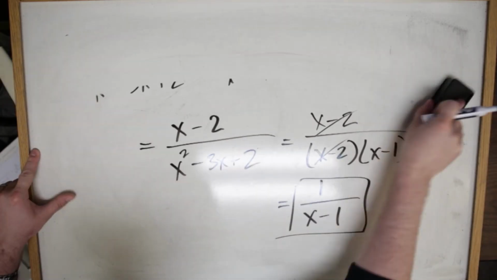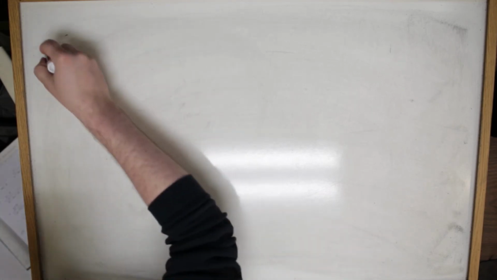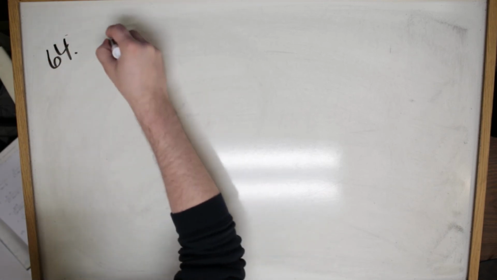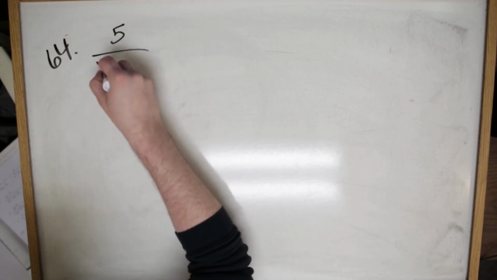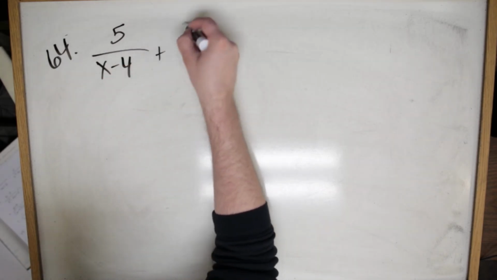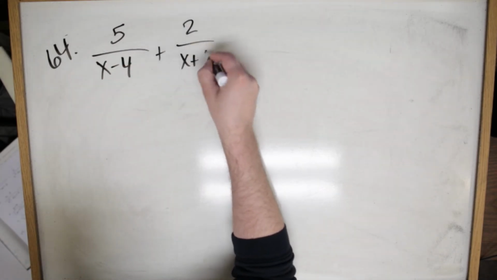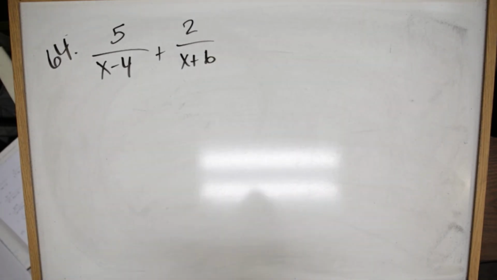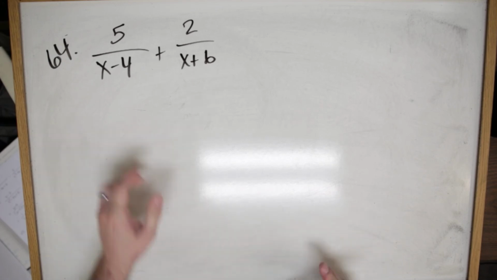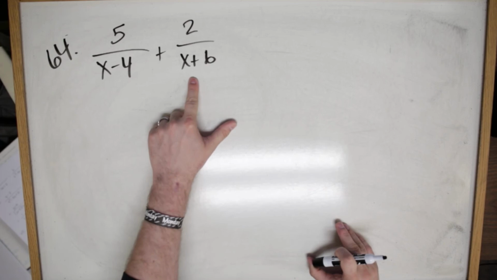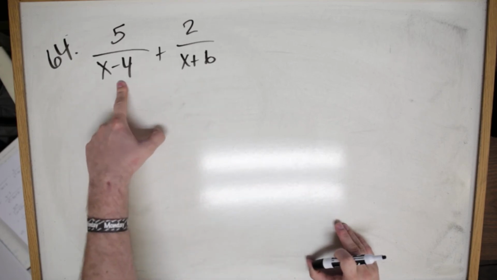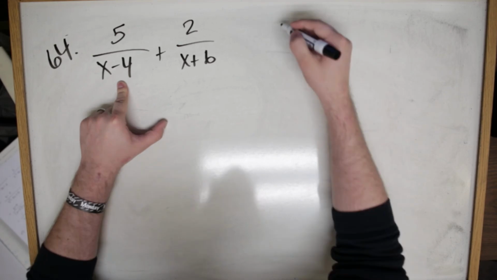All right, let's go ahead and move on to question 64. I'm going to do 2 more problems. Question 64. 5 over x minus 4 plus 2 over x plus 6. So to find common denominators here, here's what we're going to do. We're going to multiply each component by the other denominator. Okay? Our common denominators, here's the reason why.